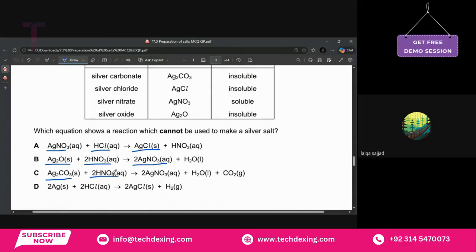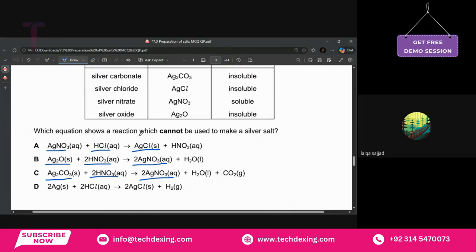Which acid is this? HNO3, nitric acid. Yes. We are reacting a metal carbonate with an acid, and the reaction will produce a salt, which is silver nitrate. So if we can successfully produce silver nitrate, water and carbon dioxide gas will be produced as the byproducts.